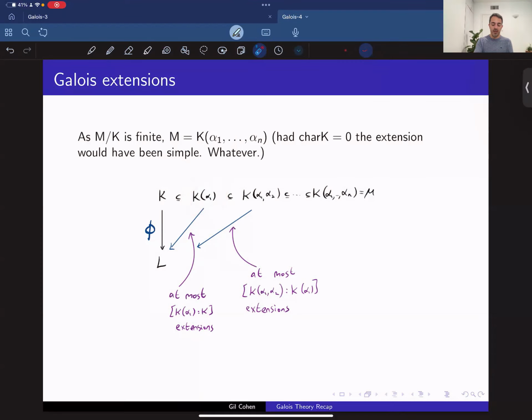So when you look at the minimal polynomial of alpha 2 over this field, this is the degree of that polynomial, and in the best case scenario where this polynomial is separable and L contains all the roots, you get equality, but generally speaking, you will have at most this number of roots to work with. And this continues on, and the proof follows because the product of these things is precisely at the end of the day M over K, because this cancels out. Good.